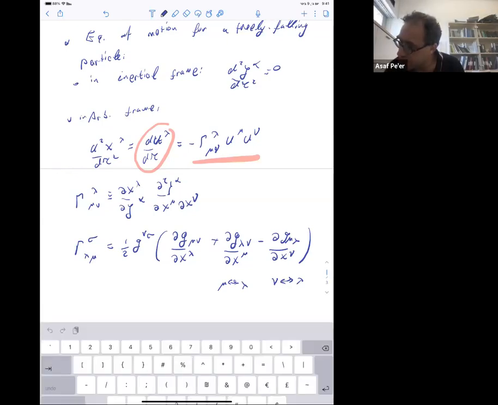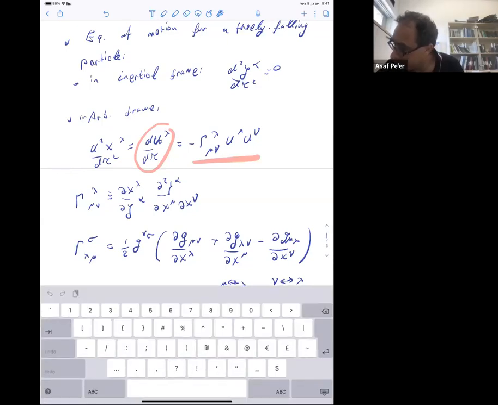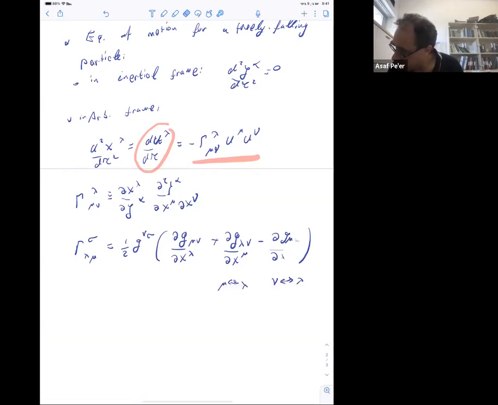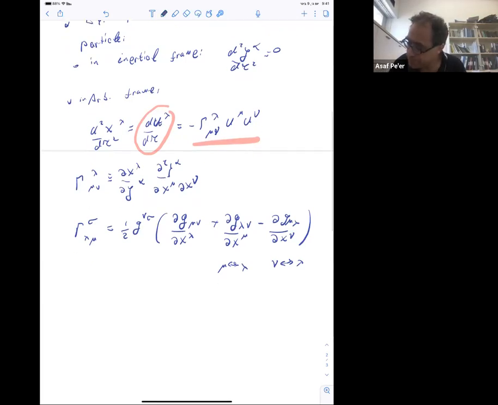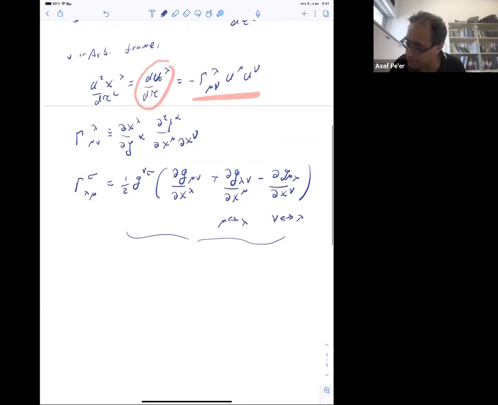It appears once here as the lower index, and once here as an upper index. So we're really summing over it. I said this also has another name. The right hand side is called the Christoffel symbol.